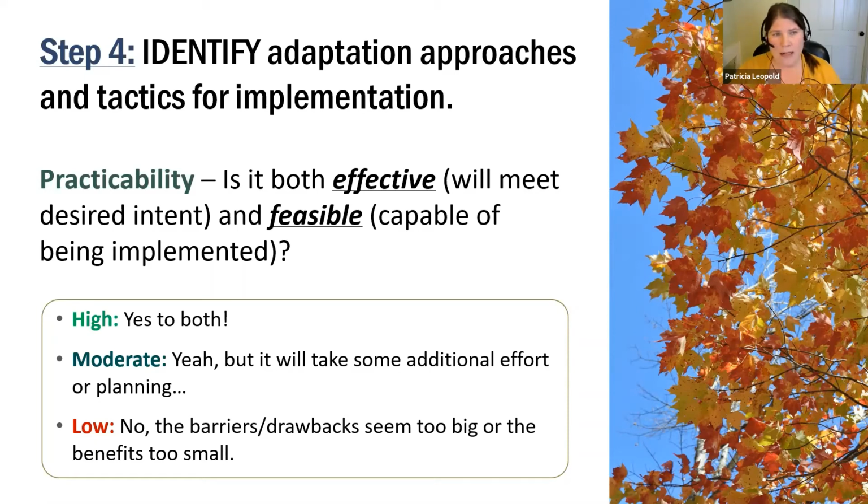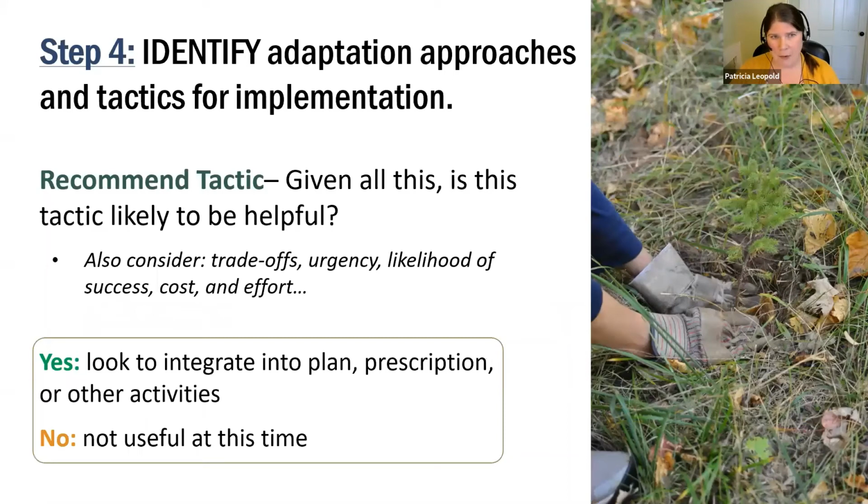And rating each tactic is then going to help you accomplish whether or not you are going to recommend the tactic for your project. So we want you to be able to brainstorm as many tactics as possible without immediately ruling them out because of lack of funds or lack of staff power or some other obstacle.